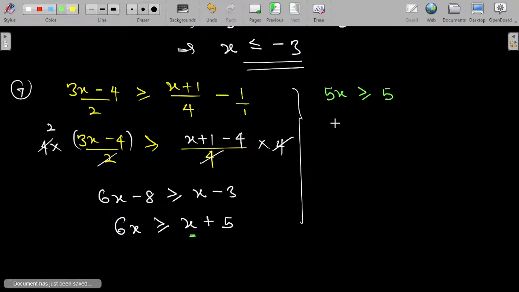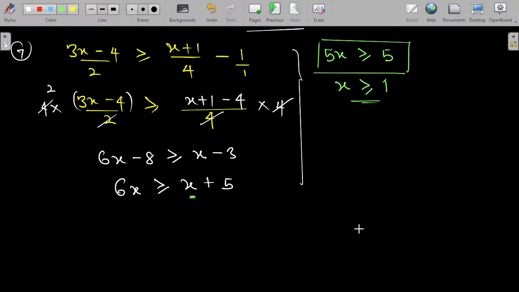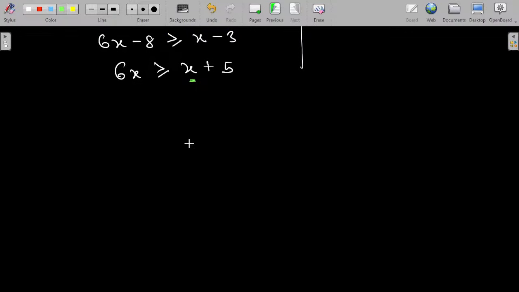And then finally, you will divide both sides by 5, and your x is greater or equal to 1. Although, from your material, the solution stopped here, you should be able to provide this as well. Alright? So that's the end for number 7.